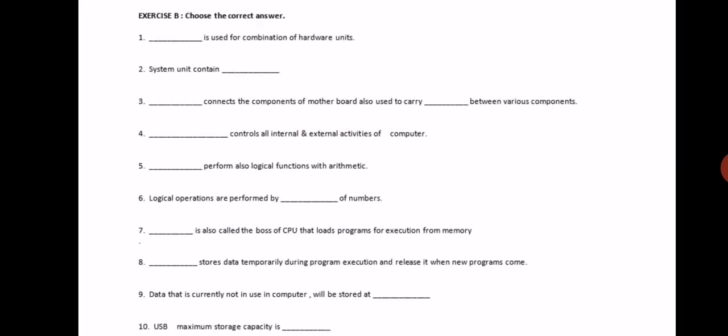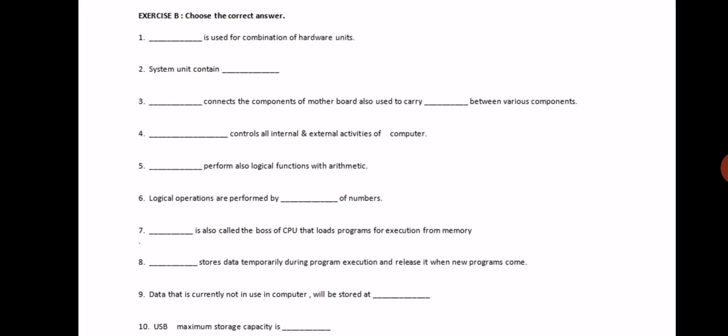In exercise B, choose the correct answer. Number 1, dash is used for combination of hardware units. Number 2, system unit contains dash. Number 3, dash connects the components of the motherboard, also used to carry dash between various components. Number 4, dash controls all internal and external activities of the computer.